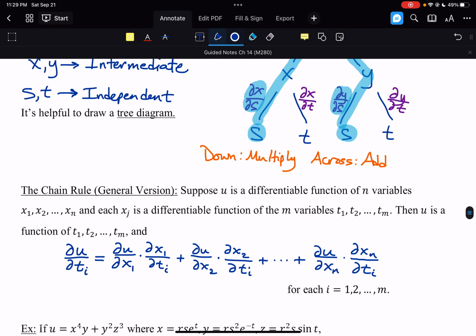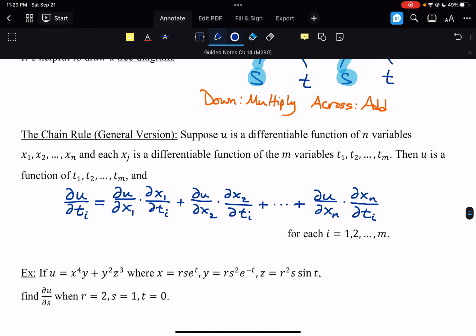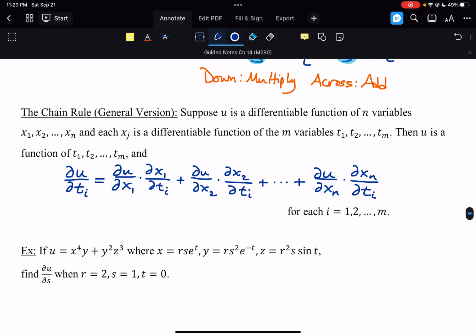So I've already got it written out here. Suppose u is a differentiable function of n variables, and each of those n variables, all the x's here, is a differentiable function of m variables, t1 through tm.